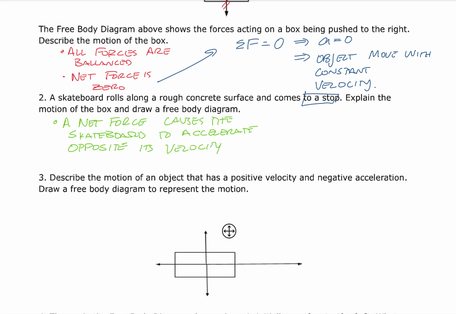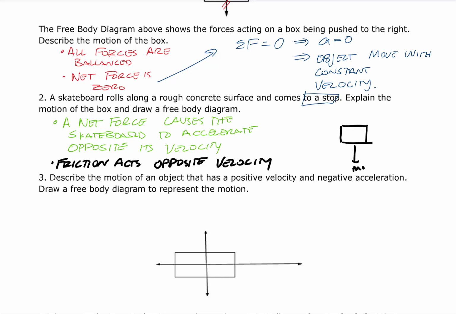That's what stopping means. And so what's going on is friction acts opposite the velocity to slow the object down. If we look at the skateboard, we have its weight, we have the normal force, and then the force of friction would be backwards and the velocity would be this way. This is going to be the skateboard slowing down to a stop because of that.